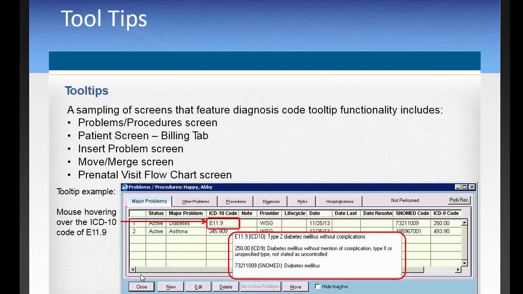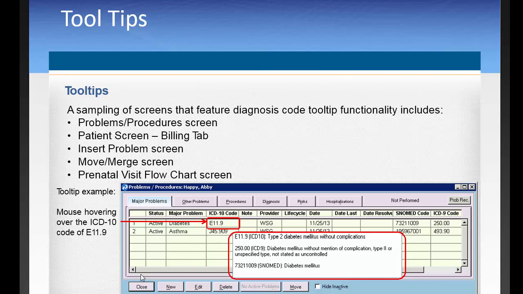So let's start with a new feature that was added in this version. You may have already seen this. It's called tooltips. This is a pretty useful feature, and you'll see why in just a few minutes. But in areas like the problem list or anywhere where we see a diagnosis code listed, chart summary, etc., prenatal module, you can hover your mouse over the diagnosis code column, either the 10 or the 9 column, and it will pop up that tooltip that you see there in red.